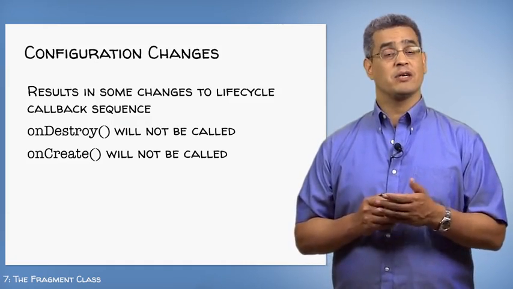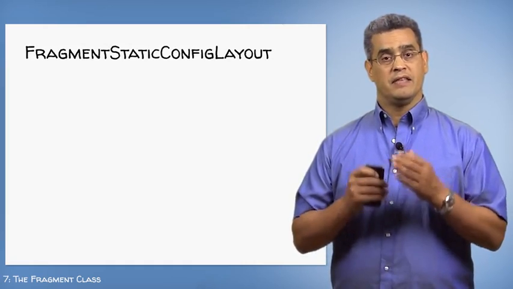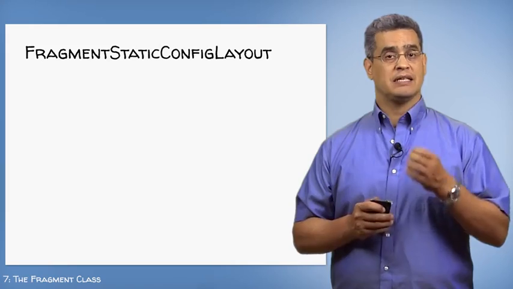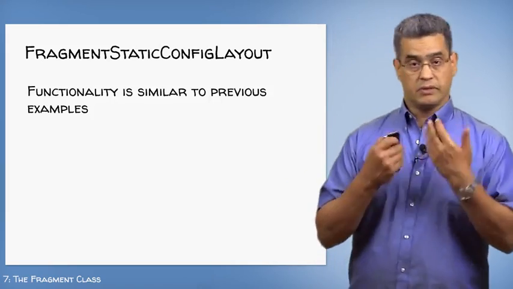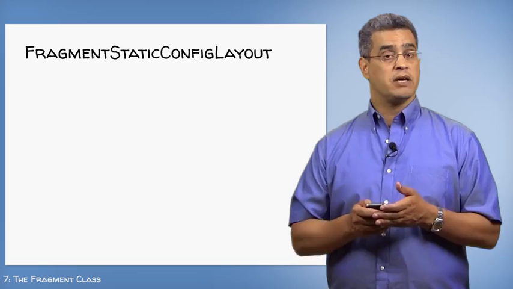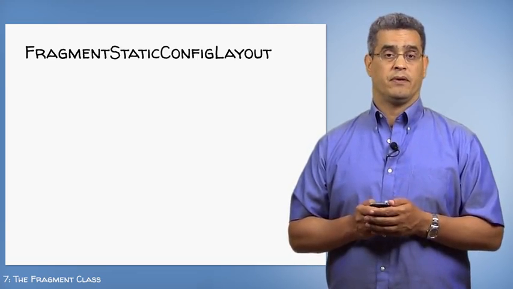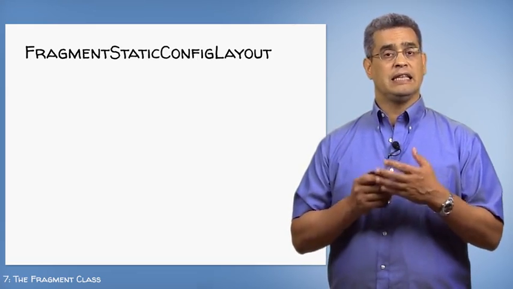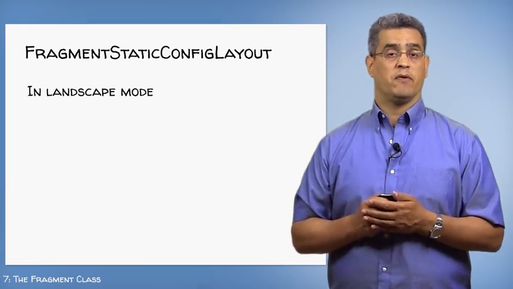Let's take a look at another example application that demonstrates this behavior. This application is called Fragment Static Config Layout, and its functionality is the same as the previous examples. The difference here, though, is that I've added some code to handle configuration changes. Now, when the device is in landscape mode, the layout is basically what we've seen so far.